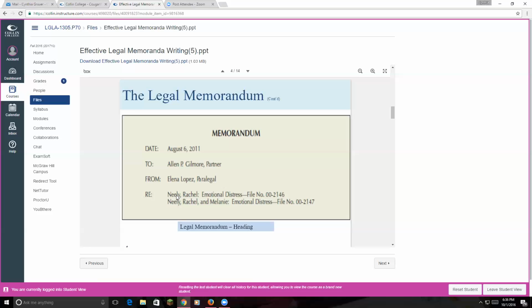But that's not all you want. The other item that you want to have is something that tells the reader what the topic of this particular memorandum is. I will be honest with you, this is not an effectively drafted Re line. We can see that they have 2 separate files here. One has to do with Rachel Neely as being the client. The other has to do with Rachel and Melanie Neely being the clients.